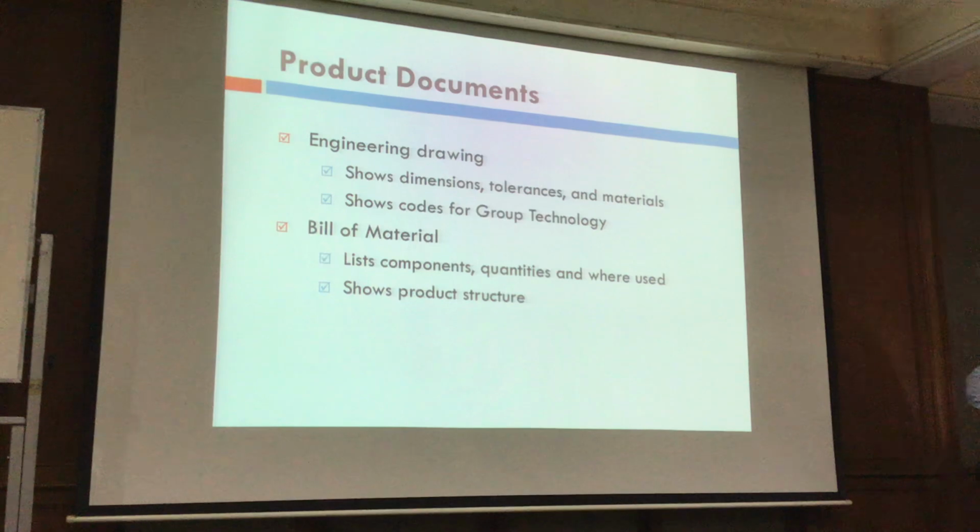It tells you about every part of the product, about the dimension, about the qualification, about the coding of the technologies, right? But the bill of material lists all the components, and not just the list only, but also the quantity for each of them as well, and shows how you structure the product.